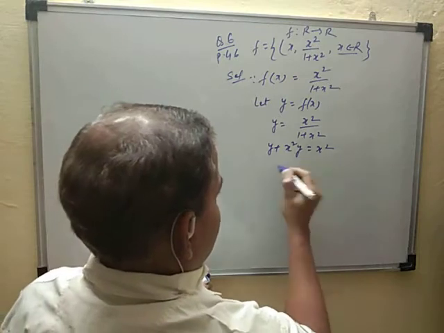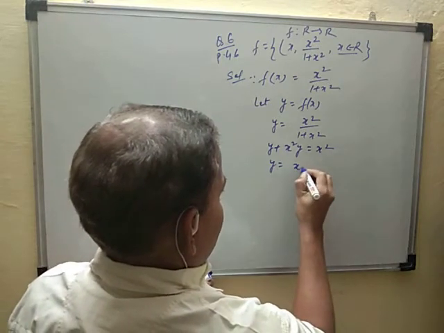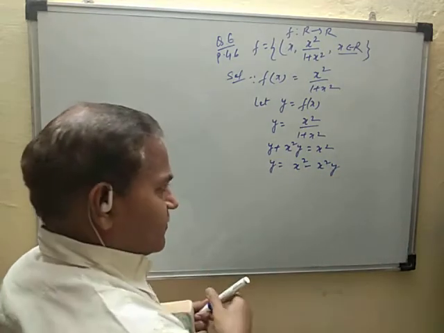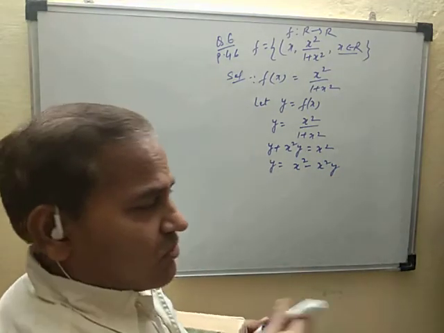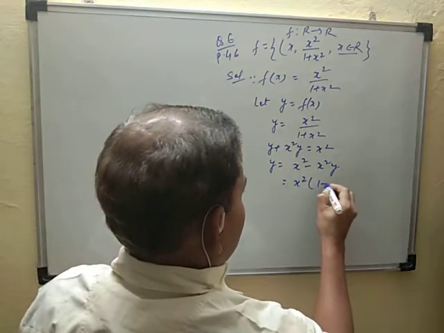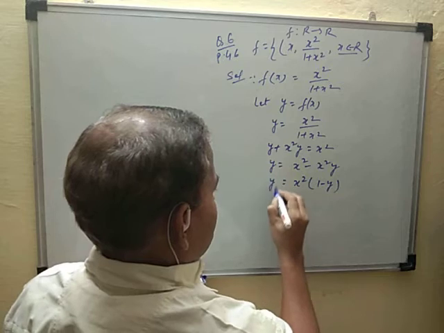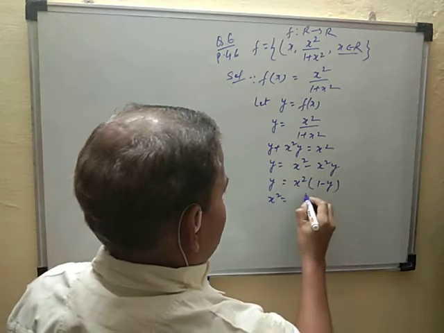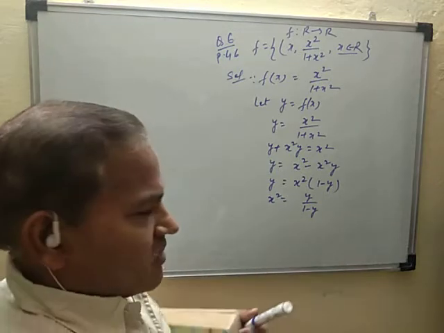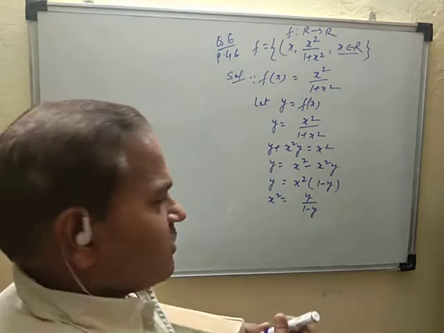Taking this term to the right side, y is equal to x square minus x square y. Now x square is common, so taking x square common, then 1 minus y. So x square is equal to y upon 1 minus y. This is the value of x square.